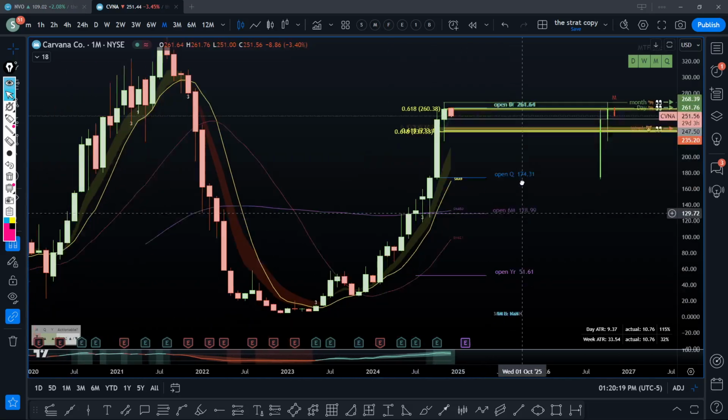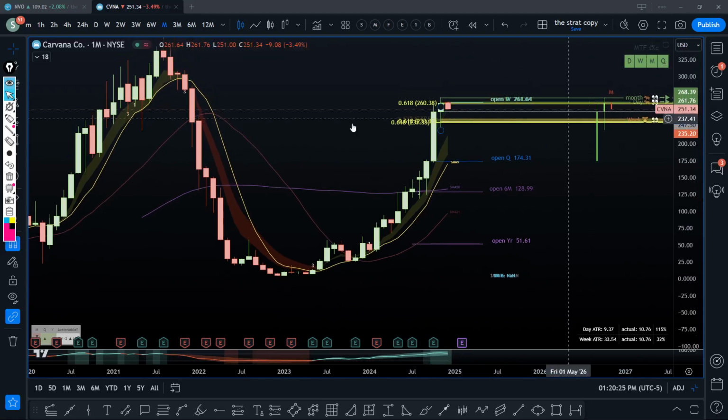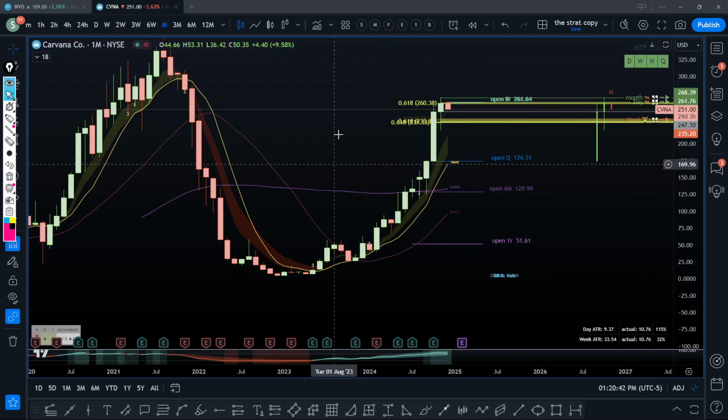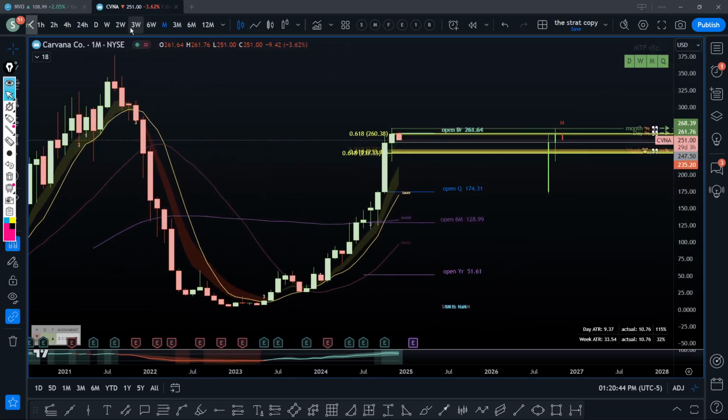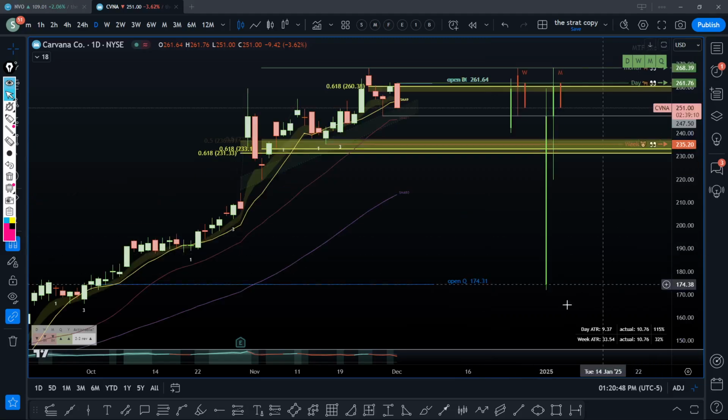But if we zoom out here, we could see this kind of cup forming and really be looking to see how it plays around the top of this cup. Carvana is still really bullish. Like I said, it's probably just doing a little bit of consolidation right now.